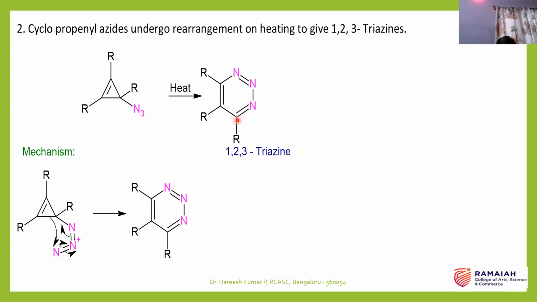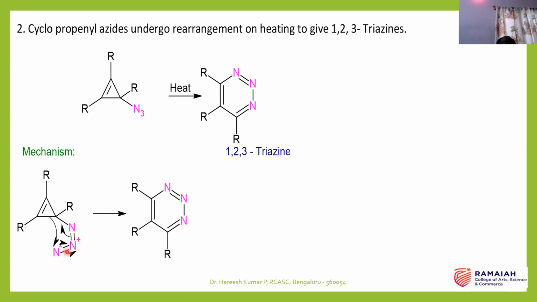So how will it give? Let's look into the mechanism part. This is the mechanism part. Here N3 is expanded, N double bond N plus double bond N minus. Another form is also possible, but I have not written it here. Since there is a positive charge here, this bond pair can sit on this nitrogen and there will be a double bond here.